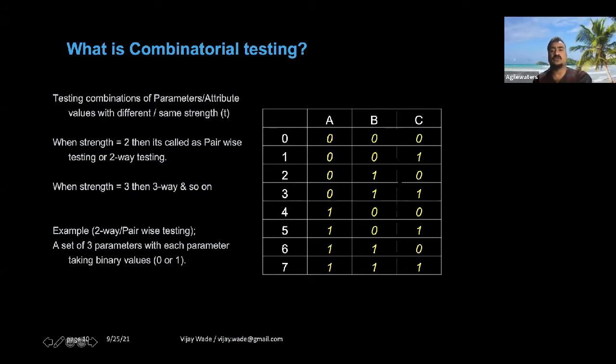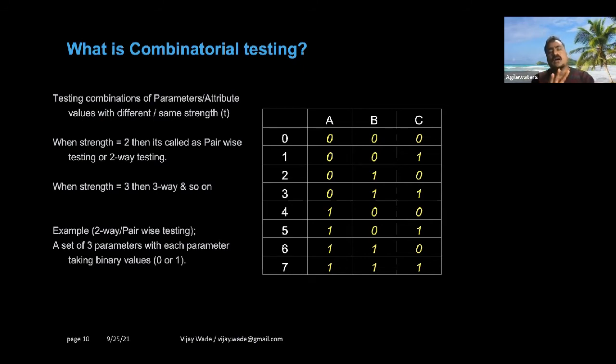Then 0, 1, 1, and so on. I hope you already got this in your computer education and in binary systems. So 7 is 1, 1, 1 at all 3 levels. I would not go into the hexadecimal system and all. The simplest system is what I have taken here.